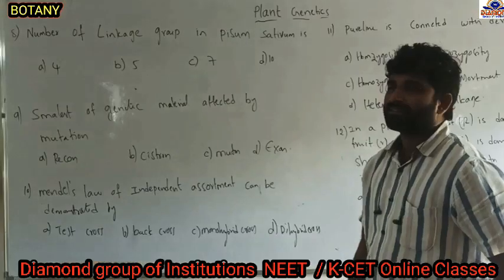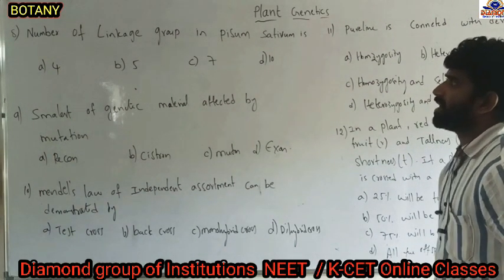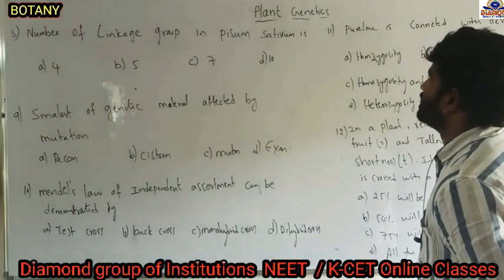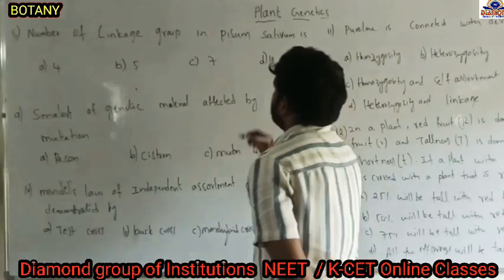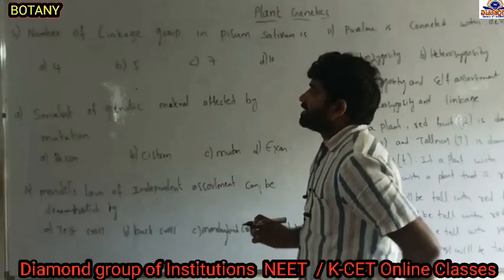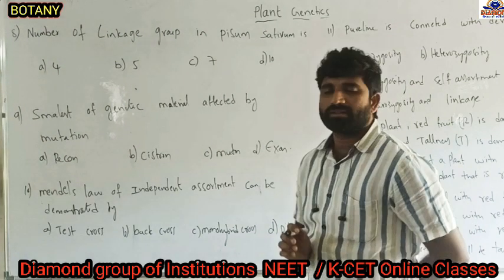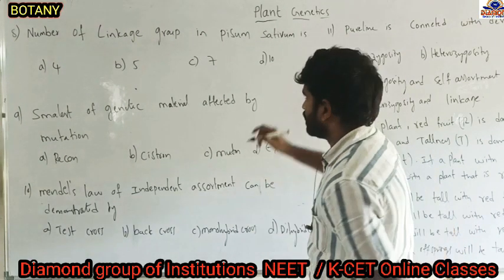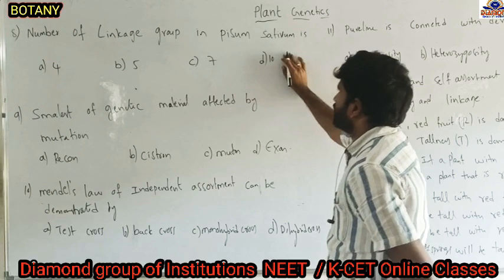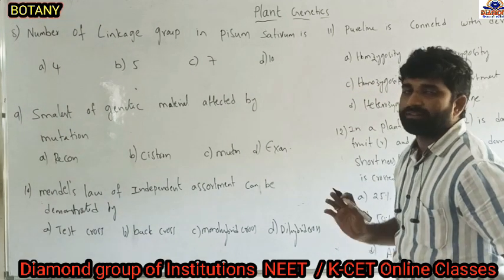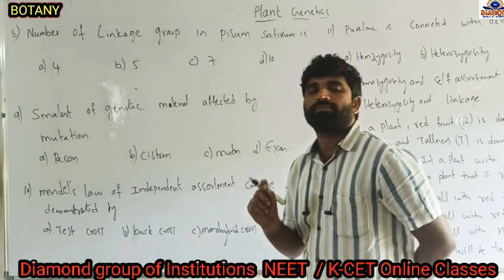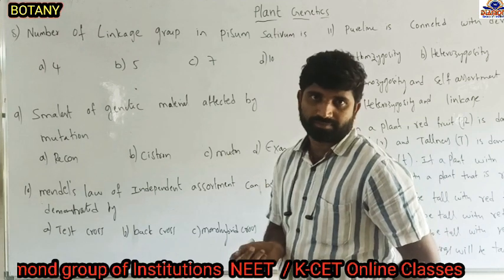Answer B. Number of linkage groups in Pisum sativum. The easiest method to identify the number of linkage groups in a given organism or plant is to know the diploid chromosome number of the organism.